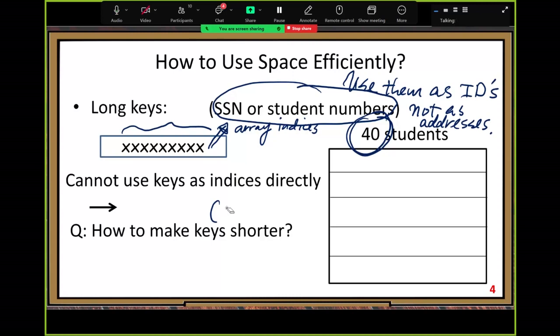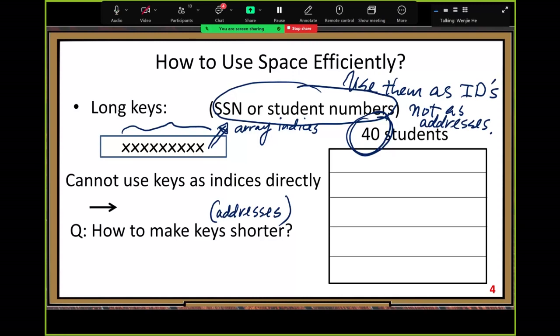We can keep the original keys but make addresses shorter, because we have freedom to choose addresses of our array elements. We don't want to change the search keys.